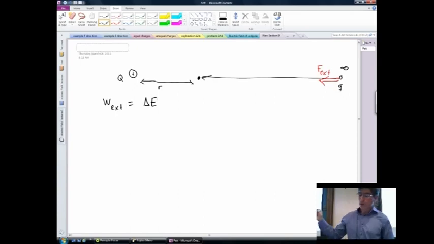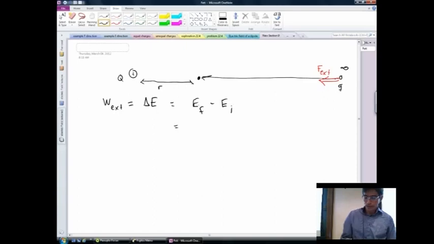If I move that particle from infinity to the location r, and I do that slowly, I'm pushing, but I'm not making it accelerate. It's just moving slowly, little by little. When it finally arrives at location r, the particle has a final energy, which will be given by the electric potential energy between the two particles.